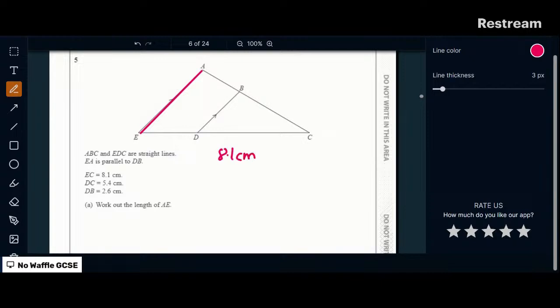DC is 5.4 centimeters. And hence we therefore know that ED is 8.1 minus 5.4. It's always good to write these things down. And that is 2.7 centimeters. And then DB is 2.6 centimeters here.